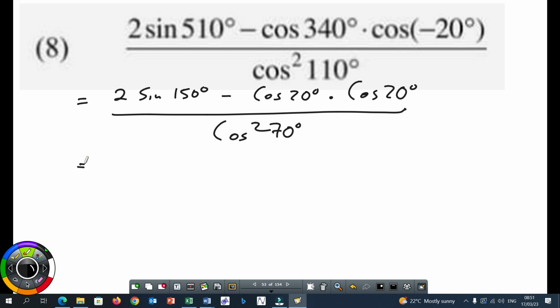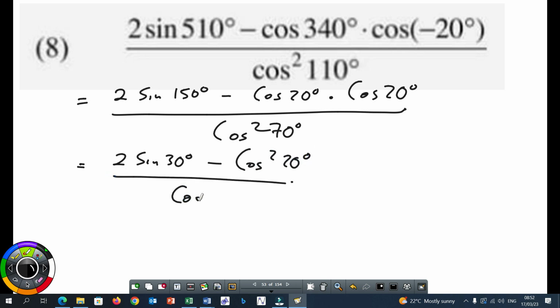Sine 150 is in the second quadrant and sine is positive. So you end up getting 2 sine 30 degrees minus cos squared 20 degrees all over cos squared 70 degrees.